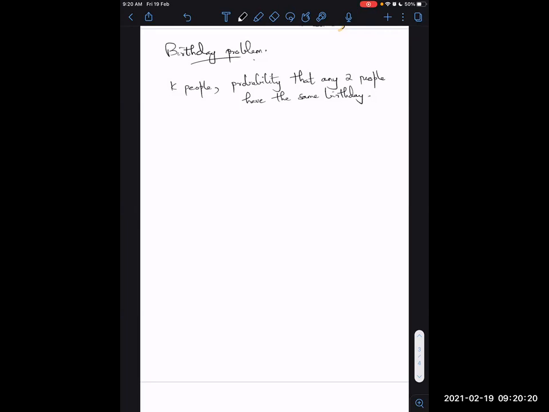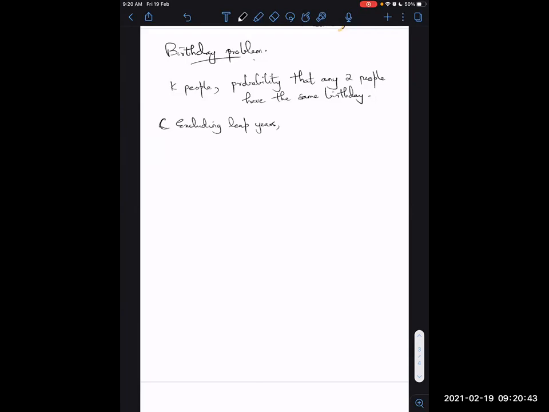To make this more concrete, we can start by excluding leap years to make the problem slightly simpler. This means I'm excluding February 29th, but please don't be offended if some of you have February 29th as your birthday. I'm just excluding it for ease of calculation.